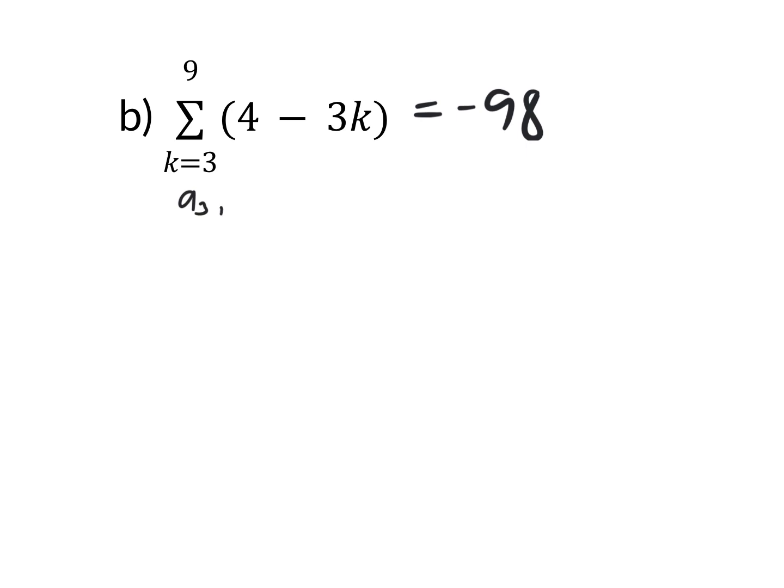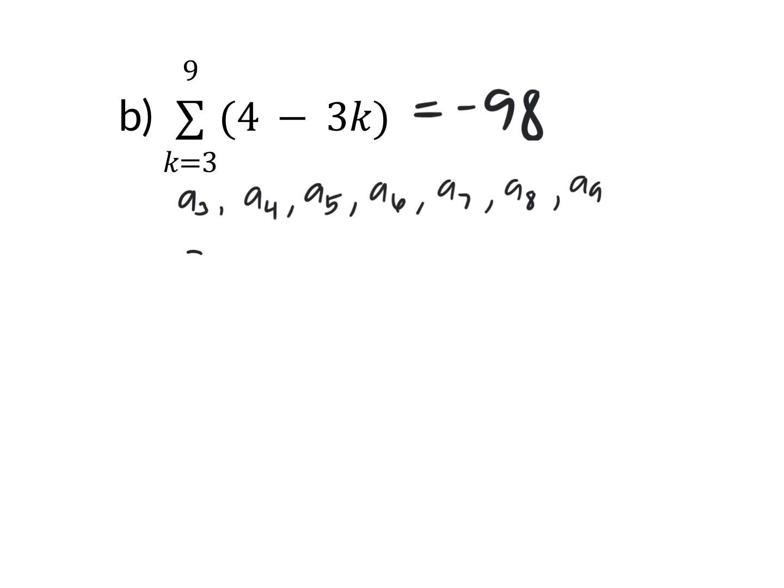So I have a sub 3, a sub 4, a sub 5, 6, 7, 8, and 9. How many terms do I have there? 7, right? I'm only adding 7 terms together. I'm not adding 9 terms together. So my n is actually going to be 7 in this case.